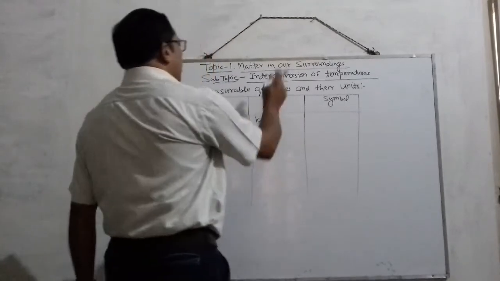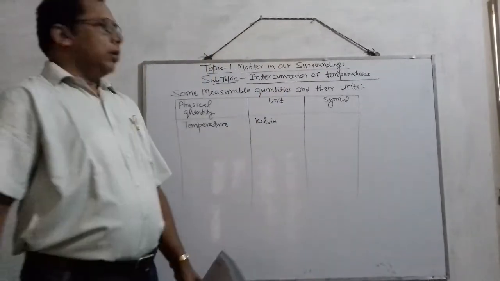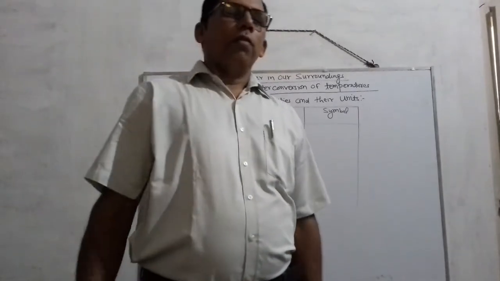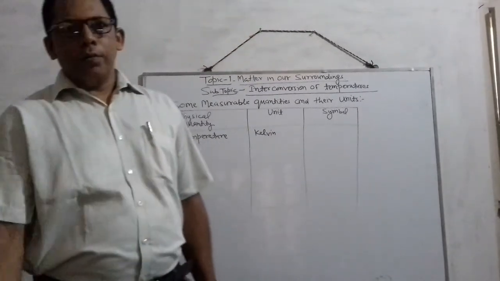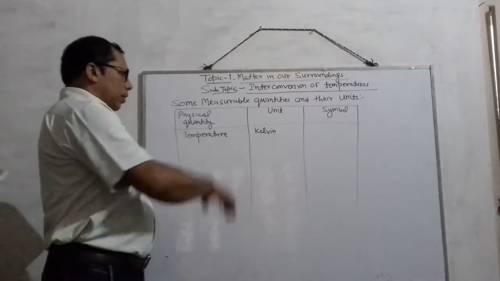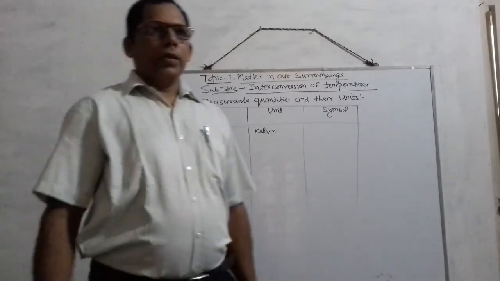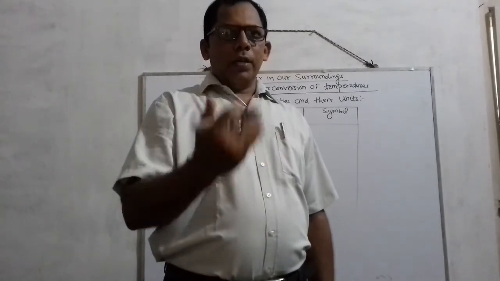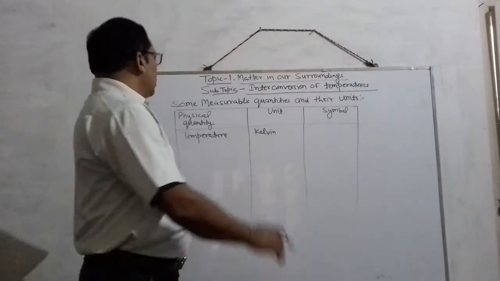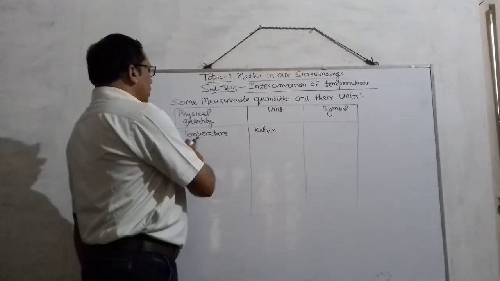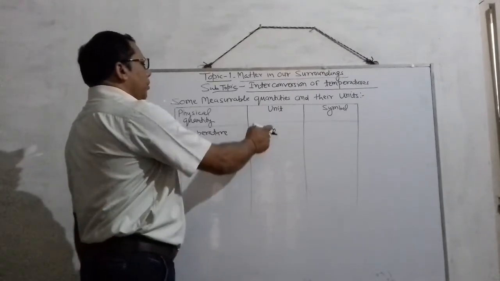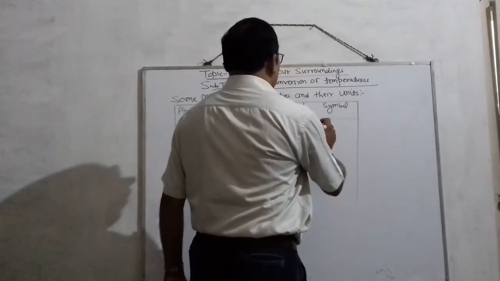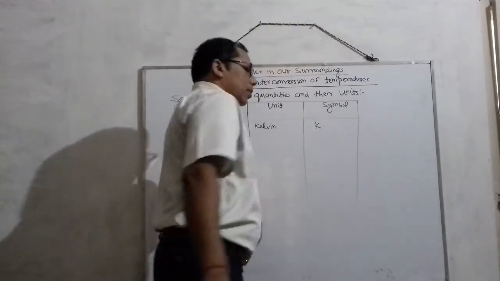There are various scales of temperature, that is Kelvin scale, Celsius scale, Fahrenheit scale, Reaumur scale, but we are talking about the units which are convenient for us. So the physical quantity temperature has the unit Kelvin, and the symbol of this unit is K.